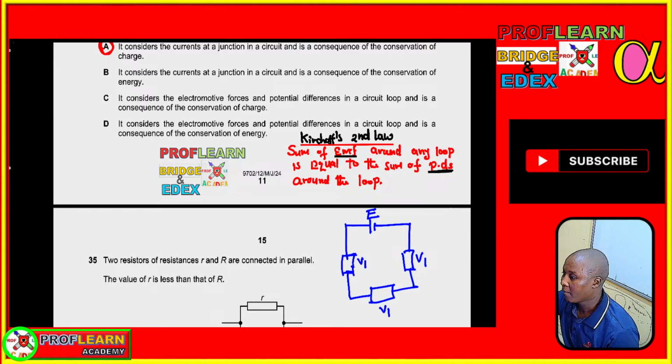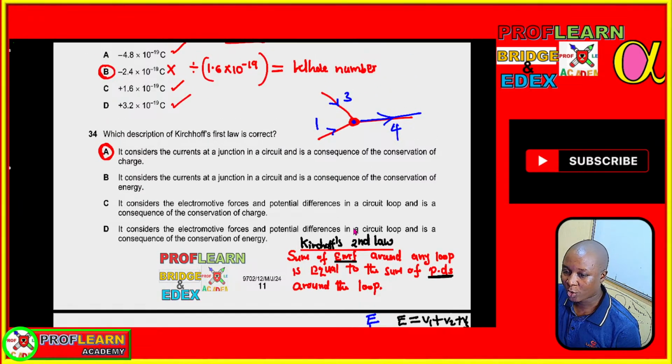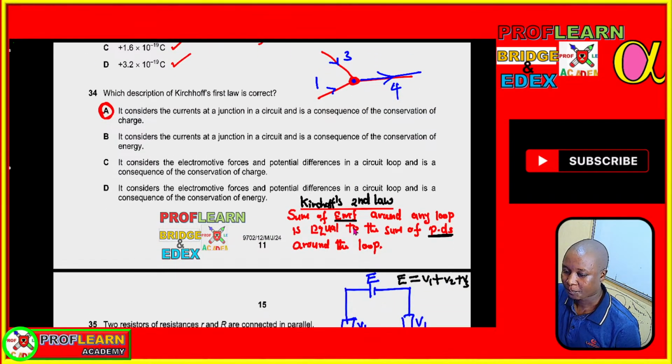So the sum of all the EMF should be equal to the sum of the PDs in a single loop. So this is going to be V1 plus V2 plus V3. Kirchhoff's second law is the conservation of energy, but Kirchhoff's first law is conservation of charge.